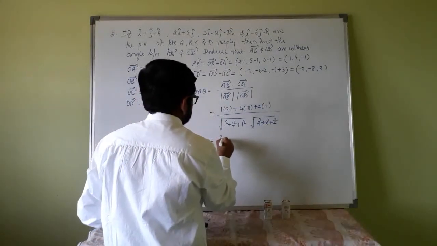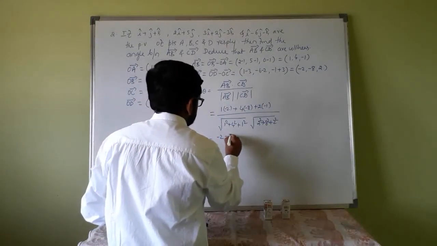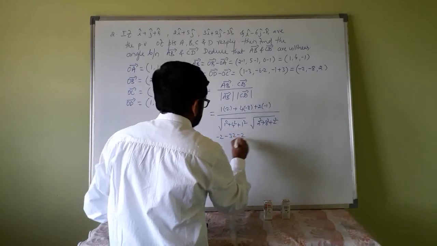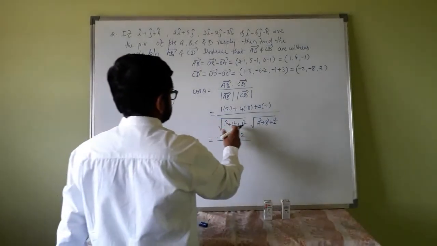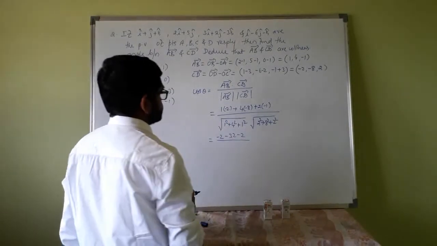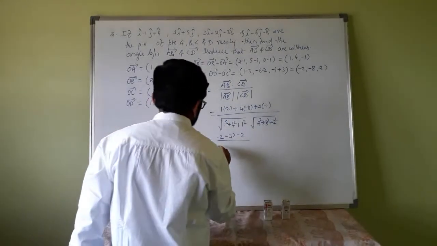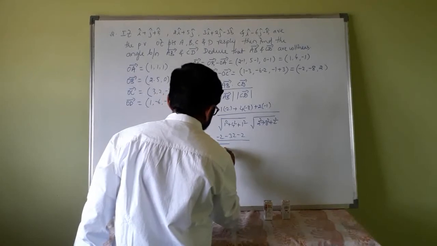That is minus 2 minus 32 minus 2 divided by root 18 times root 72.